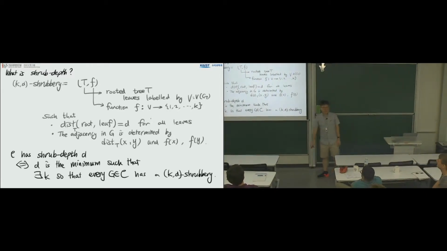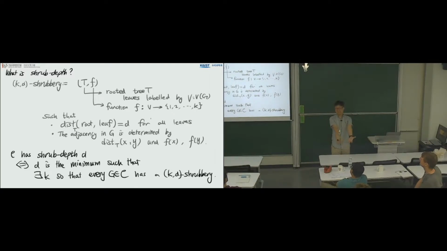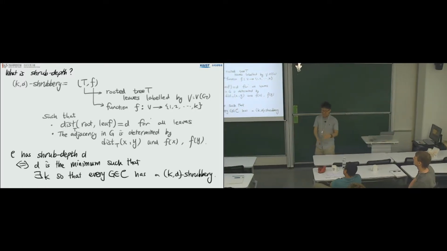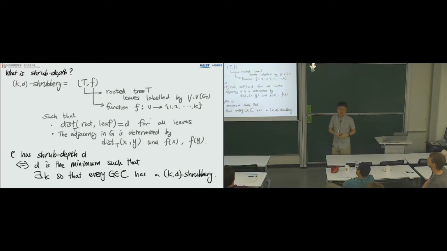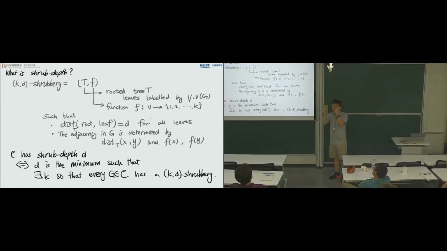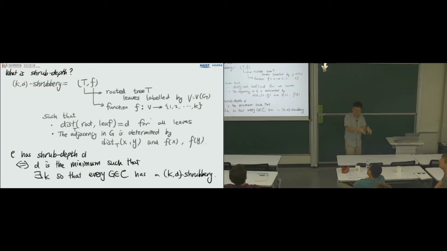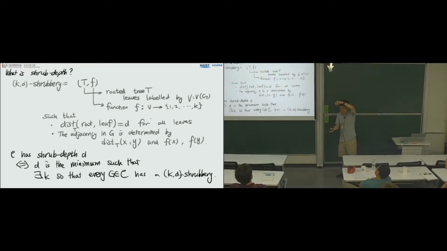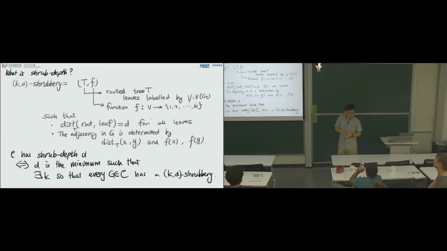So, let's say you have a class of graphs C. Now you want to say whether or not this class has bounded shrub-depth, or shrub-depth at most D. Well, if there is some constant number K of colors, so that for any graph in your class there is some tree of depth D, such that any adjacency is completely determined by the coloring of the leaves and the distance in the tree.